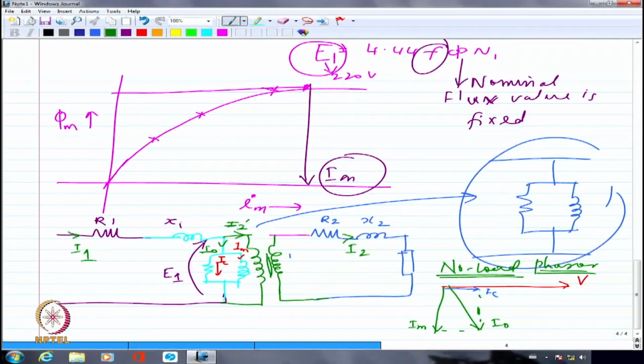No load current definitely will have a very poor power factor because it consists of a magnetizing current and a core loss component of current. And the core loss component of current is minimal because I have already laminated the core.